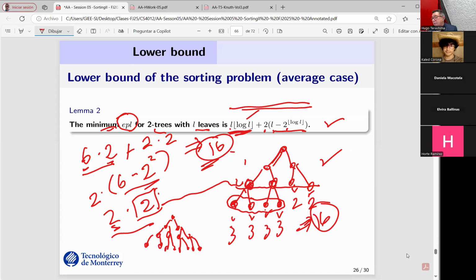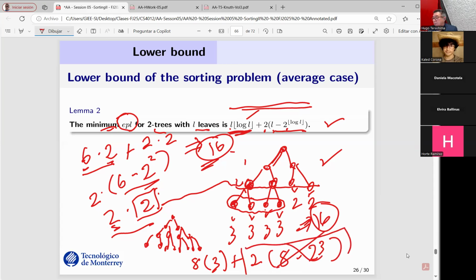The number of leaves is what? 1, 2, 3, 4, 5, 8. Right? Log of 8 is 3, right? Plus, what is this? 2L, which is 8, minus 2 to the 3. This is what? This is 0, right?